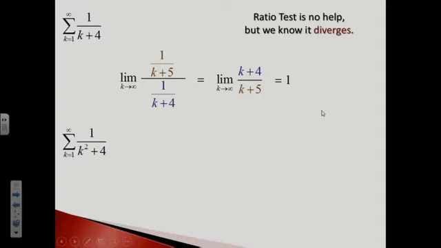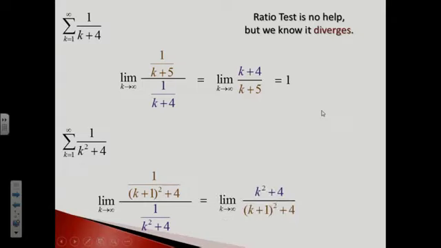The second series is sigma 1 divided by k squared plus 4. The term ak plus 1 equals 1 divided by k plus 1 squared plus 4, and ak equals 1 divided by k squared plus 4. So the ratio is k squared plus 4 divided by k plus 1 squared plus 4, and the limit of which is 1. In this case, the ratio test is inconclusive.